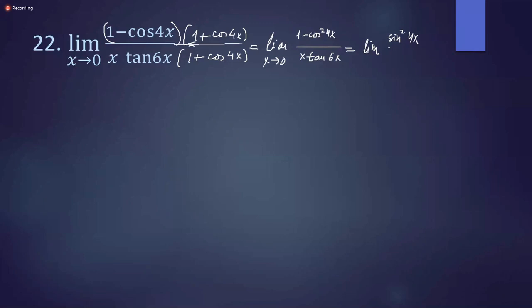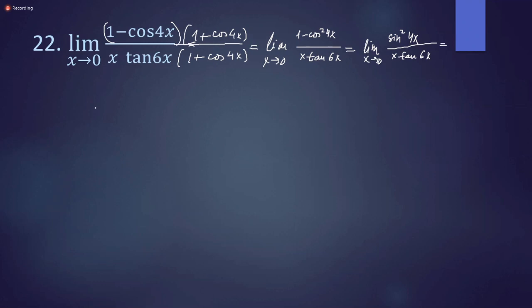I have seen too many people making the mistake, forgetting the 4: oh, sine square x, and they are happy. Please make sure you do the correct function inside the cosines and sines. X, tangent 6x when x tends to 0.